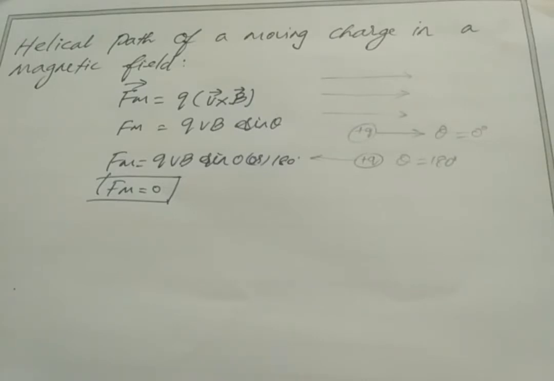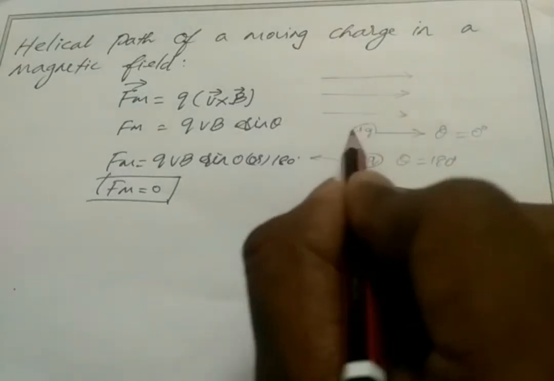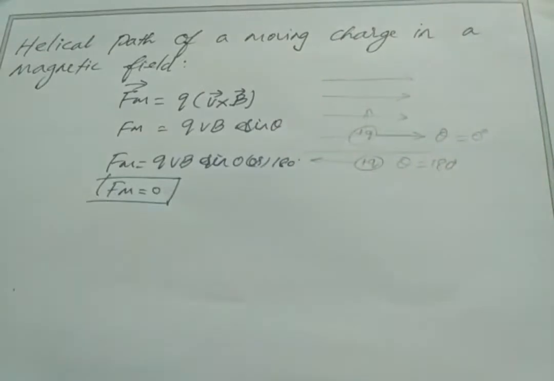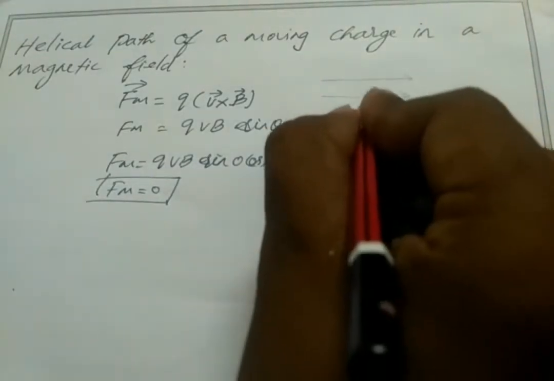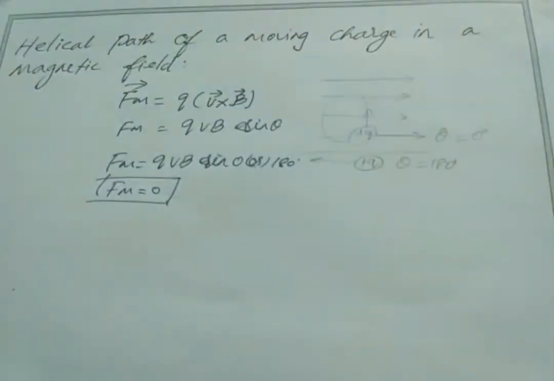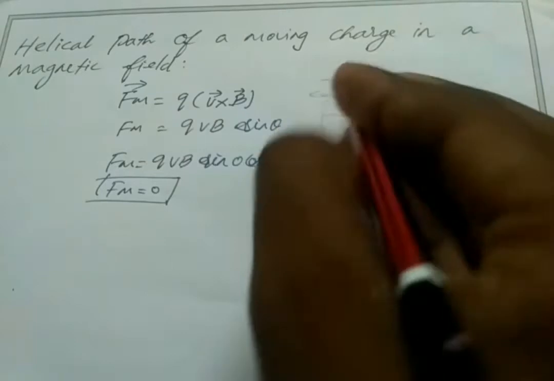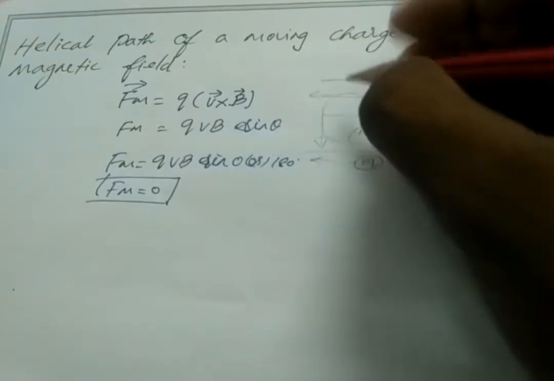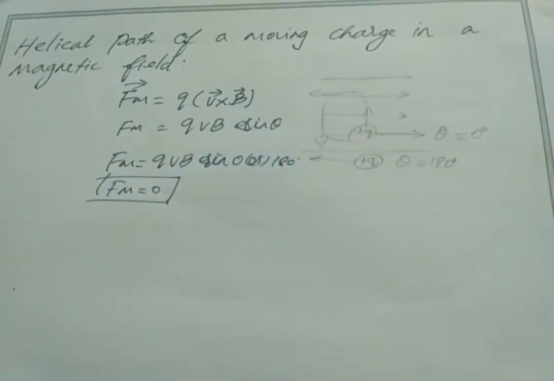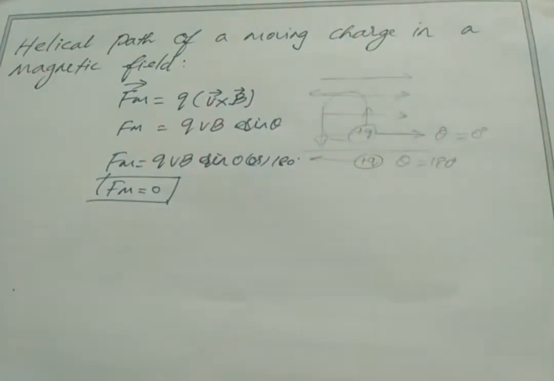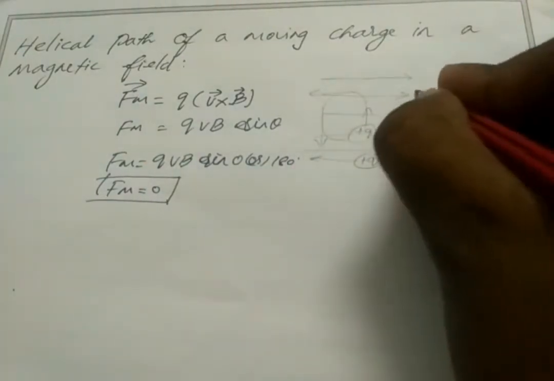In the second case, if the charged particle moves perpendicularly inside the magnetic field, what will happen? Centripetal force acts on the charged particle, right? The centripetal force pulls the charged particle and makes it rotate about a center. So it will make a circular motion when the charged particle moves perpendicularly to the magnetic field.